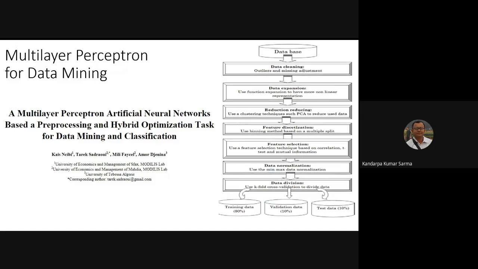Then you can find multi-layer perceptrons quite well used for data mining.